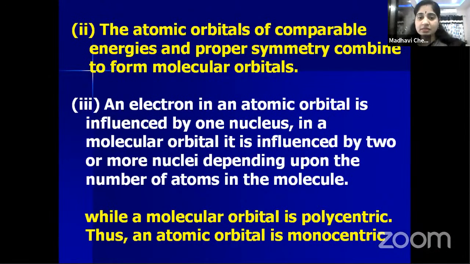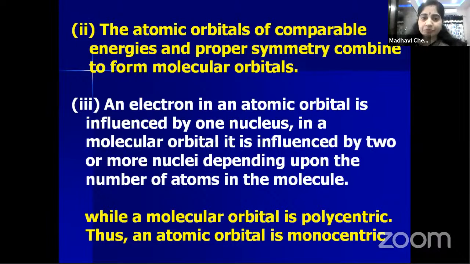But whereas in the case of electrons in molecules, they are influenced by more than one nucleus, because a molecule is formed by the combination of two or more atoms, is it not? For example, if we consider the water molecule, it is formed due to the combination of one oxygen atom and two hydrogen atoms, H2O. So how many nuclei are present? Three nuclei are present. So the electrons in that molecule are influenced by three nuclei.